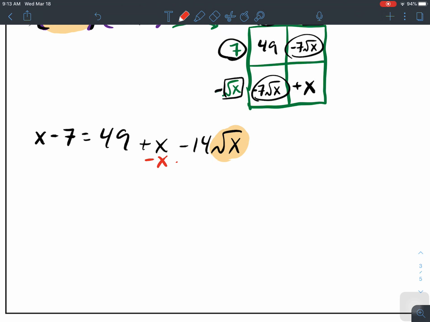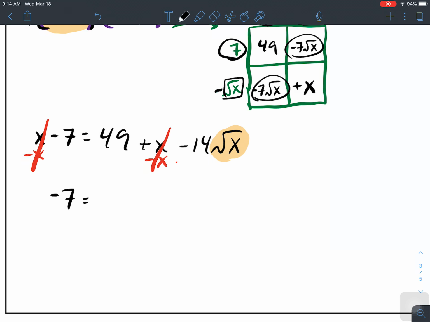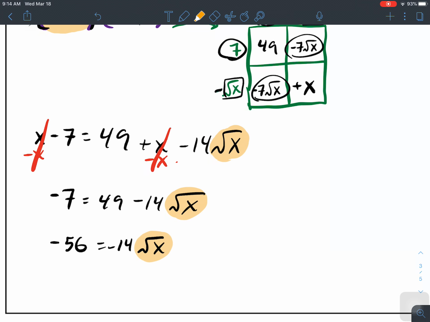I'm going to get rid of this x. So if I do it to the right side, I do it to the left side, and look at that, the x goes away. Beautiful, I only have the x inside that radical now. So now I still need to isolate that radical, subtract the 49, and that's going to give me negative 56 equals negative 14 square root of x.